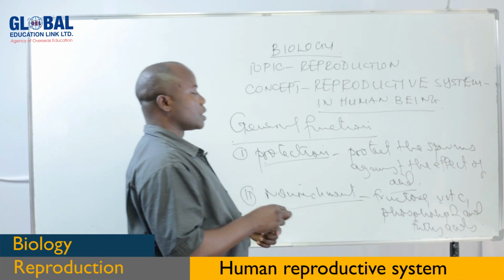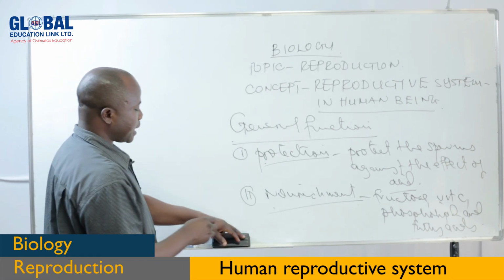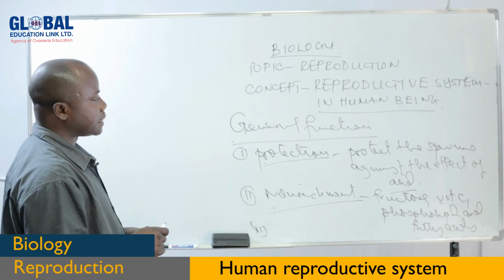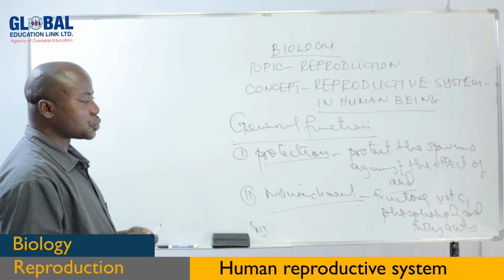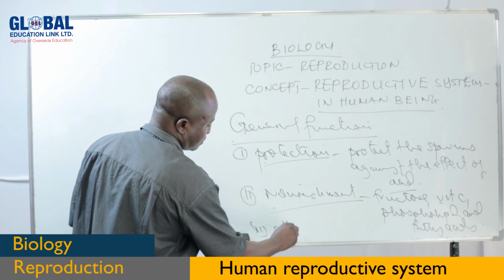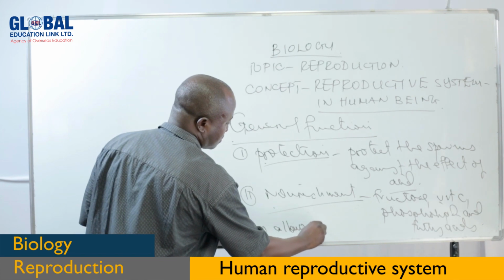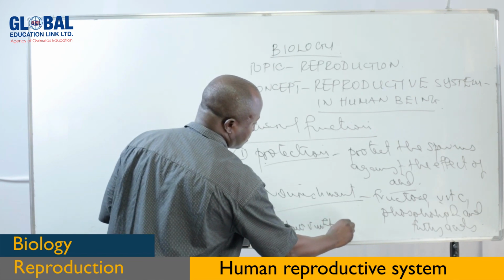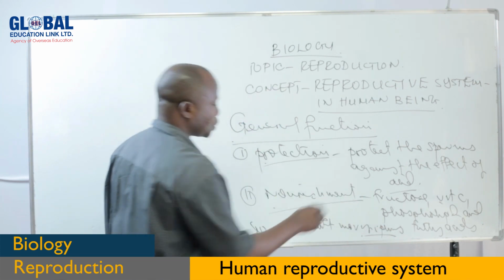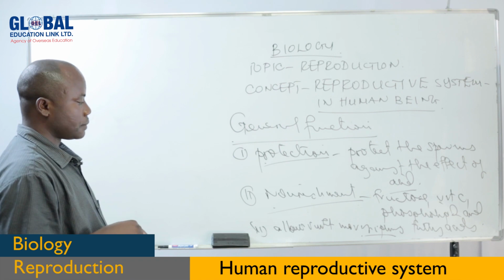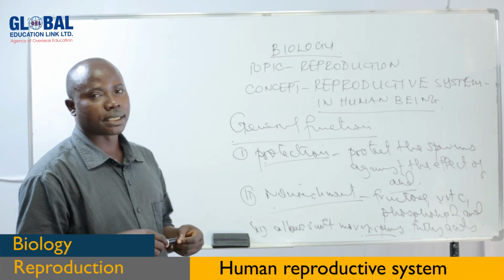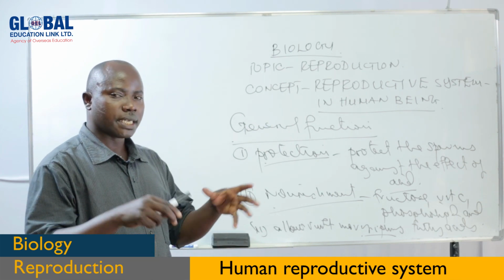These are there to nourish the spermatozoa. And finally, the fluid produced by these accessory glands allow swift movement of the sperms. It means they allow motility of the sperm to take place so easily within the female reproductive tracts.